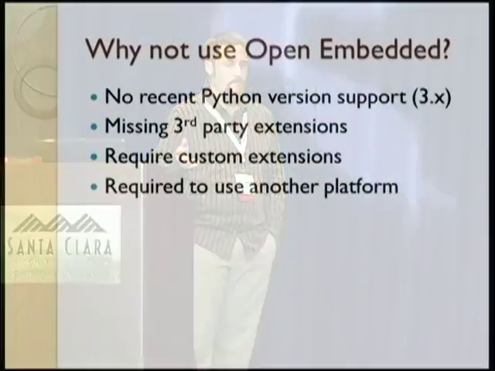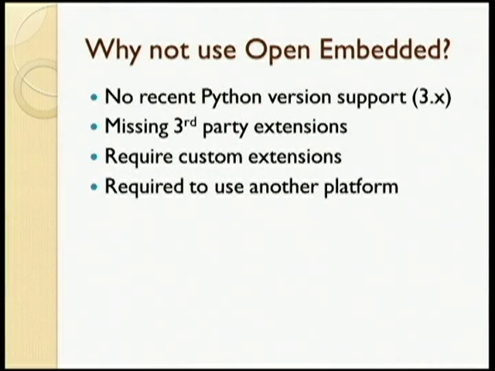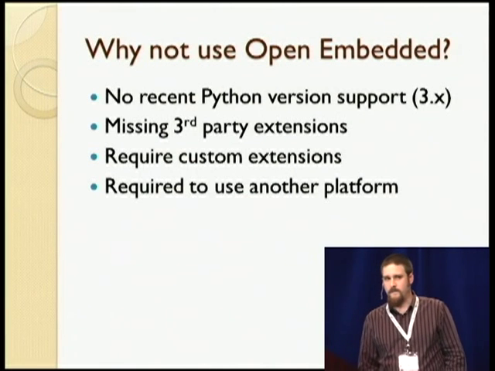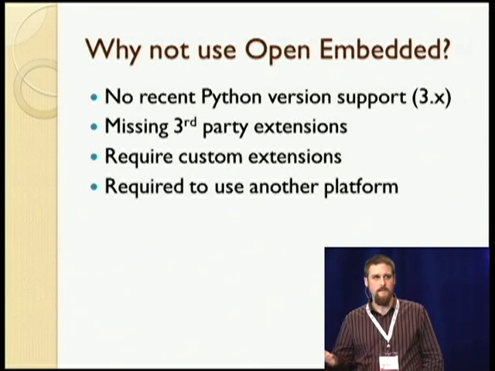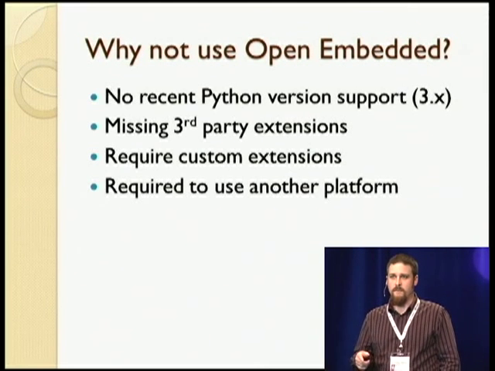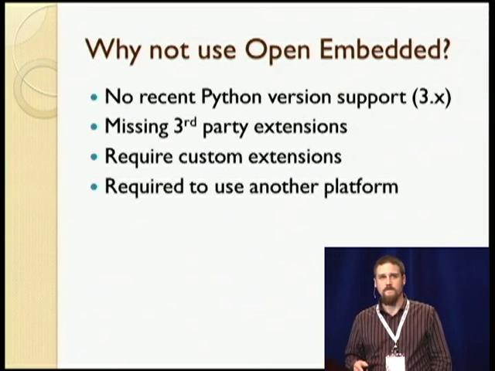So if we can already get this basically for free, why do we care about cross-compiling Python and extensions? Well, last time I checked, Open Embedded only had version 2.7 support in their tree, so if you're a Python 3 enthusiast, then you are out of luck.